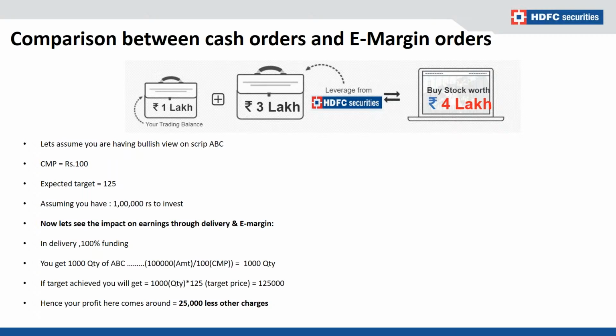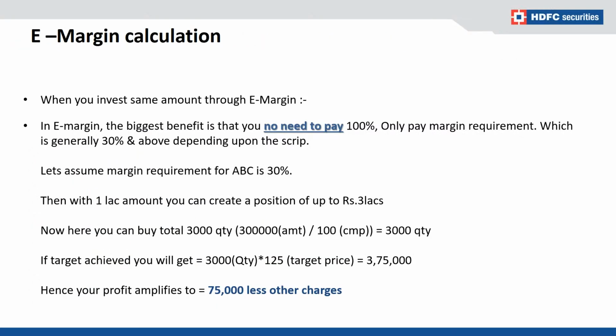However, in Emargin, whenever positions are taken, it gives leverage to the investor and he buys 3 times more than the earlier position, because depending on that stock, generally 30%, for example, is the margin percentage. If 1 lakh is invested, assuming 1 lakh being 30%, he would be able to buy 3 lakh amount of shares.